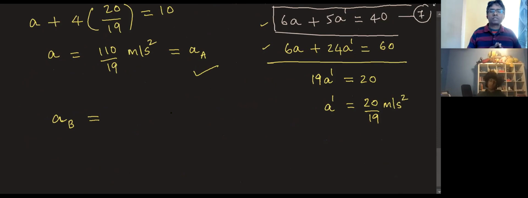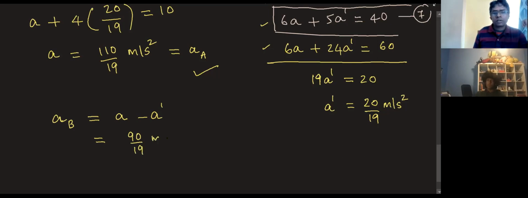So that means even B is going down. Can I write the acceleration of B will be A minus A prime? Yeah. So A is 110 and this is 20, so I can write that as 90 by 19 meter per second square. Are you okay here? Yeah.